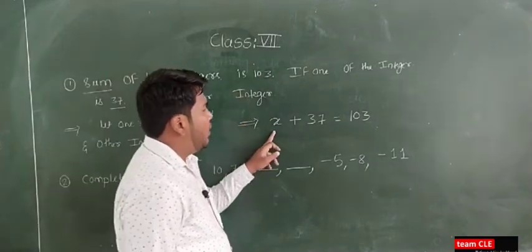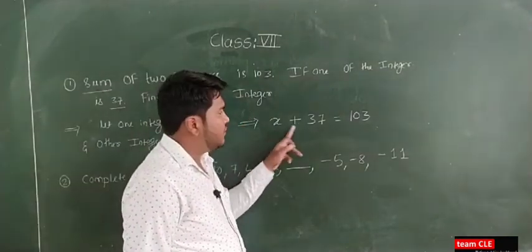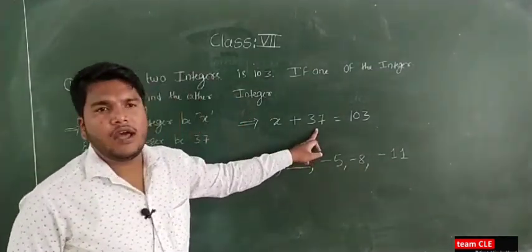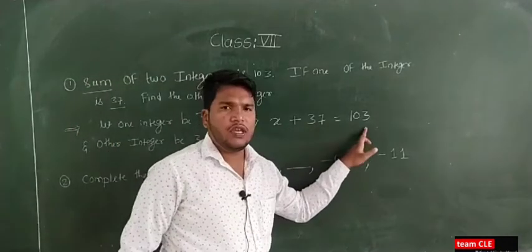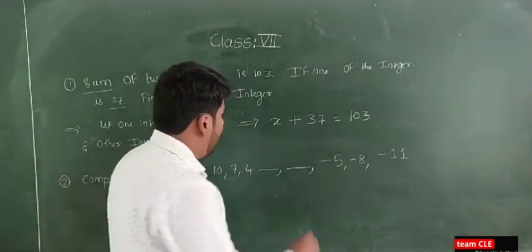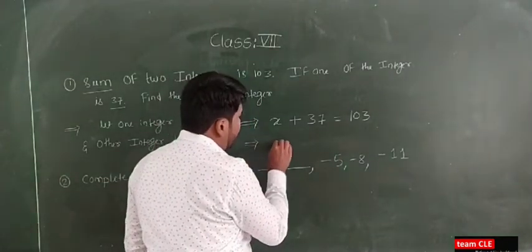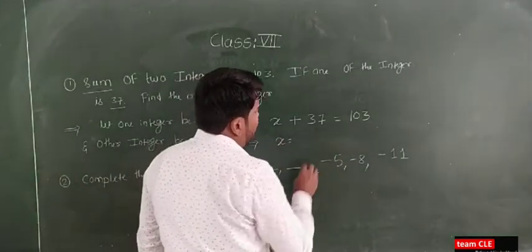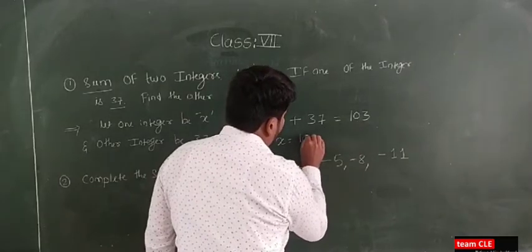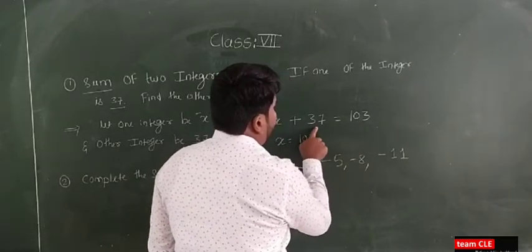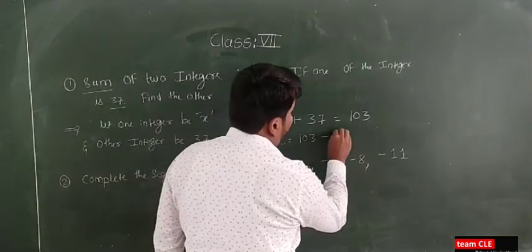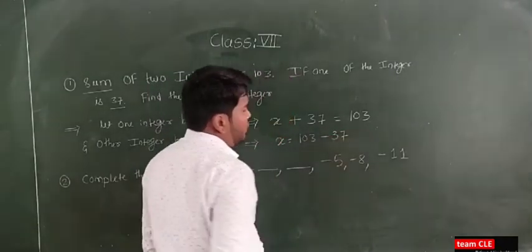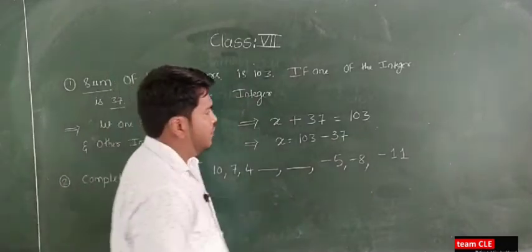So now one integer you have taken as x, one more integer they are given in the question, that is 37. The sum of the two integers is 103. So now see, x is equal to 103 plus 37. When the LHS moves to the RHS, it becomes a minus sign, that is 103 minus 37.